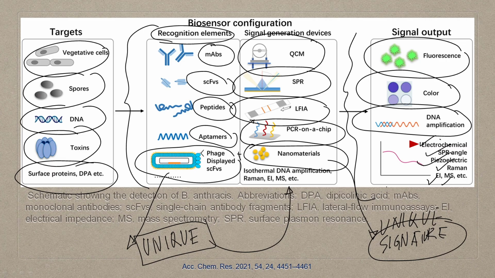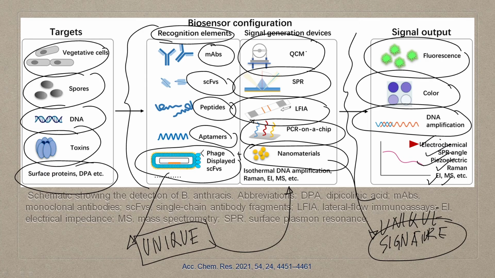So, if you look at the whole field of designing of biosensors for biosecurity, you realize that you have to have a comprehensive understanding of biology, especially the molecular events which lead to generation of these different recognition elements.